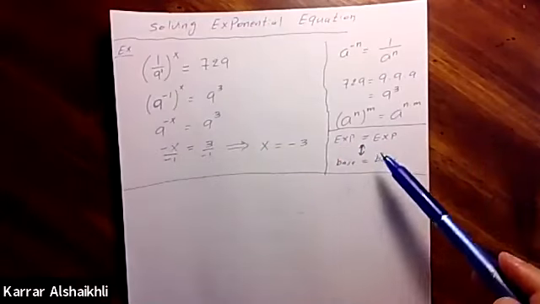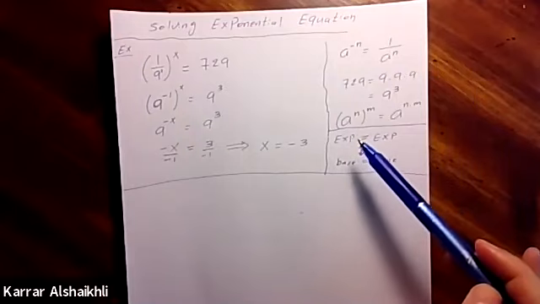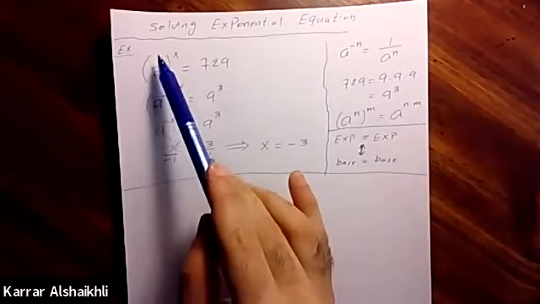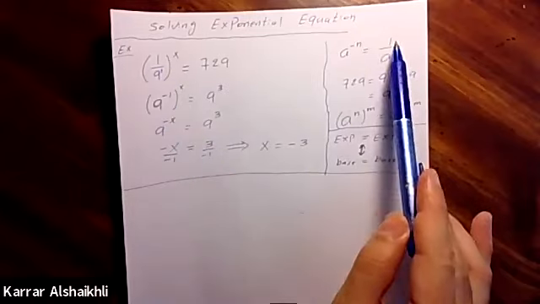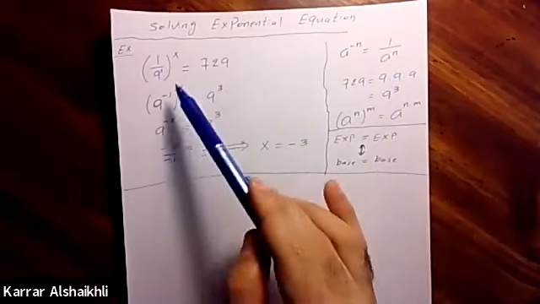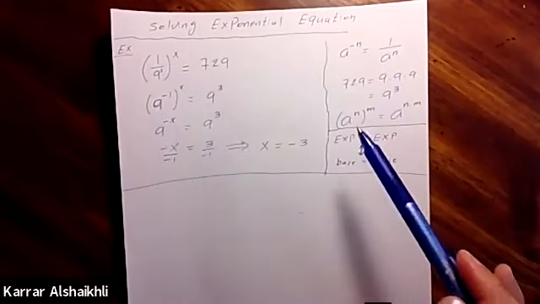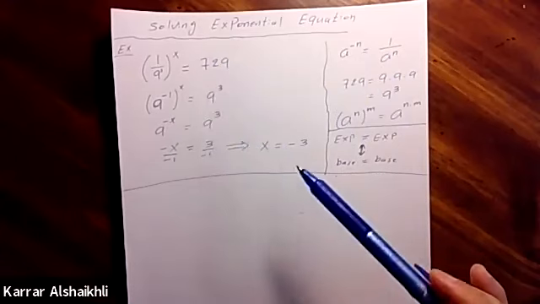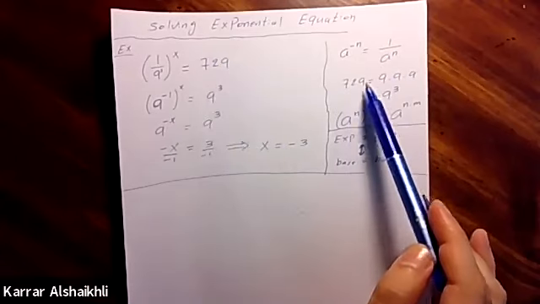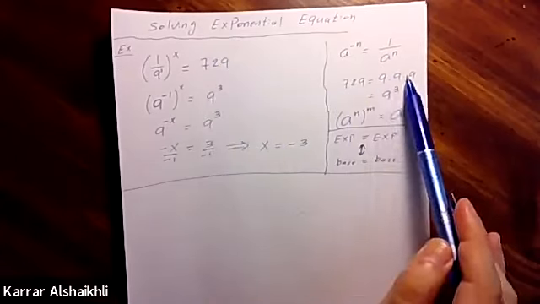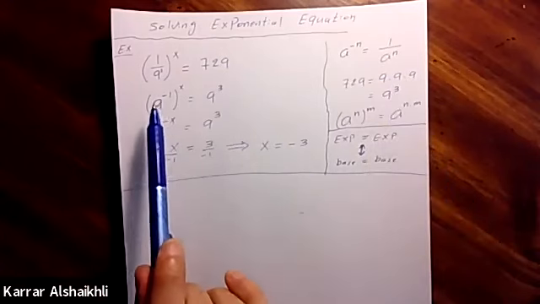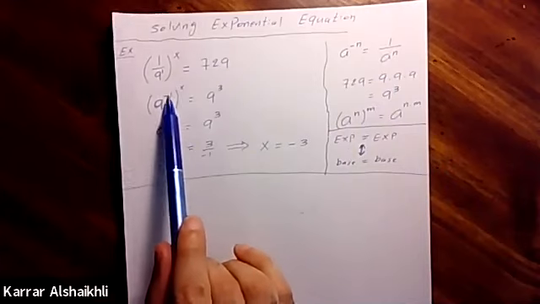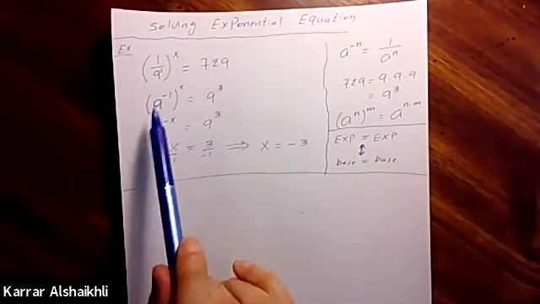So you see, only this one is the new rule. The first thing, I converted the left side from the positive exponent to a negative exponent, and I simplified 729 as 9 cubed, because 729 is 9 times 9 times 9, which is 9 cubed. Then I have another rule: if you have a number with 2 exponents, you can multiply these 2 exponents.